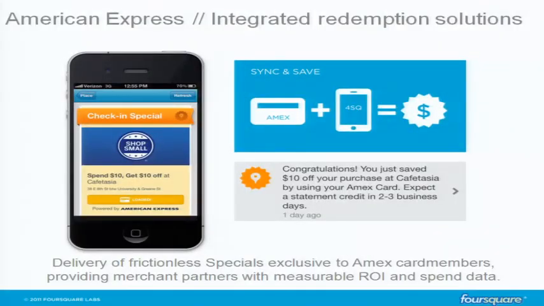Last thing I want to mention on the API side, we've done a great partnership with Amex, which essentially means that you can tie your American Express card to Foursquare, and by paying with your American Express card, you can unlock value and get money back for certain things that you do. I'll give you an example of what we launched recently.